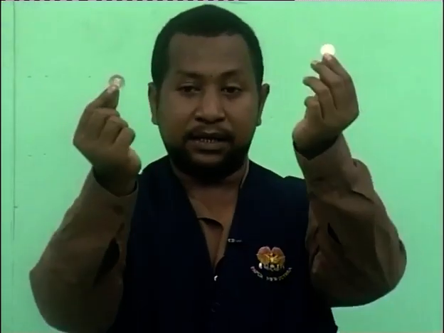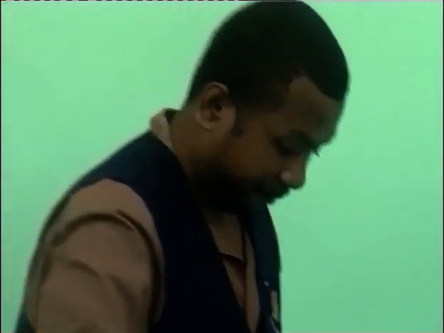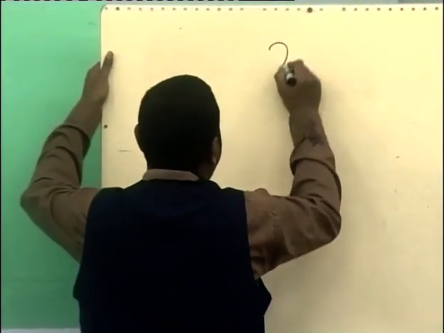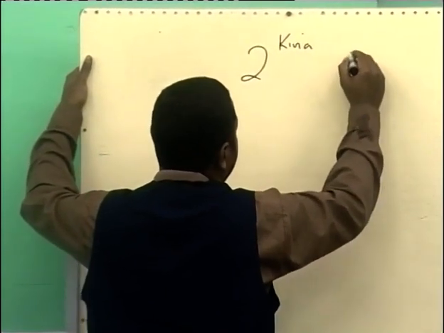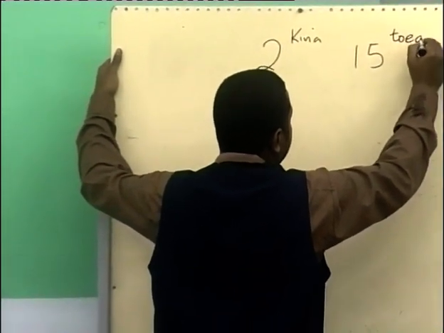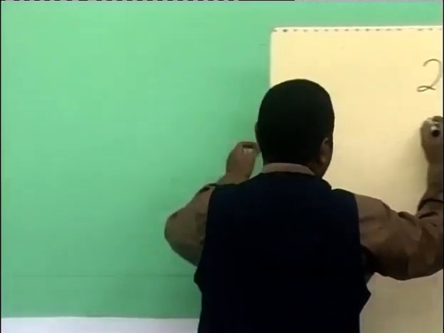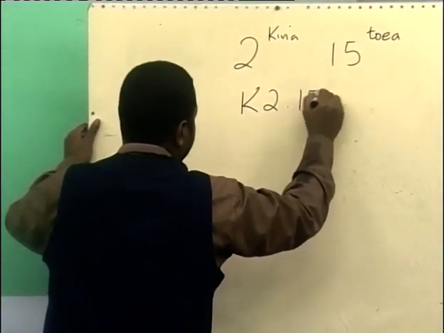The 2 kina plus these 2 coins? 2 kina, 15 toea. I have a 2 kina and the 2 coins is 15 toea. Very good. We can write 2 kina 15.